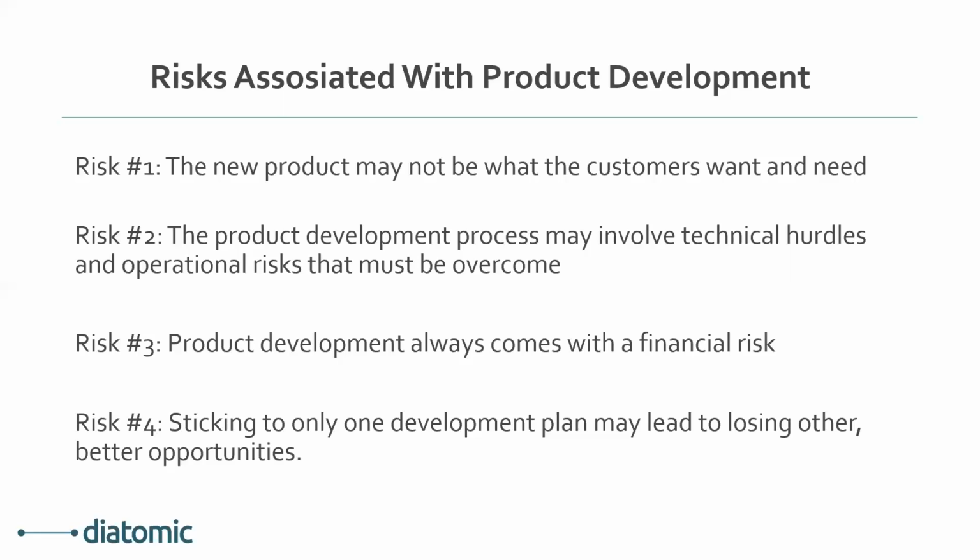In these cases, it's probable that there will be technical processes that will have to be performed. These include the need for new technology or even new tools, machinery, or equipment, depending on the product. In most cases, they have to deal with operational risks.